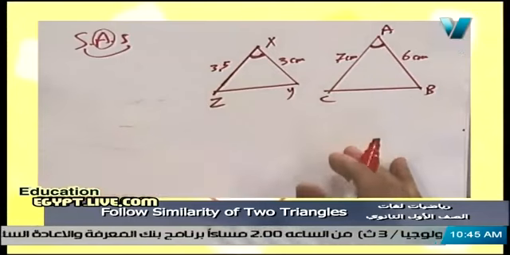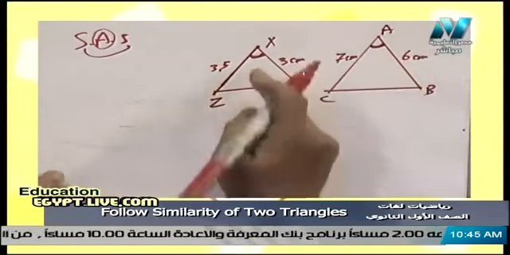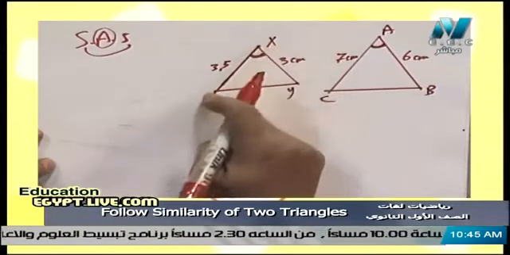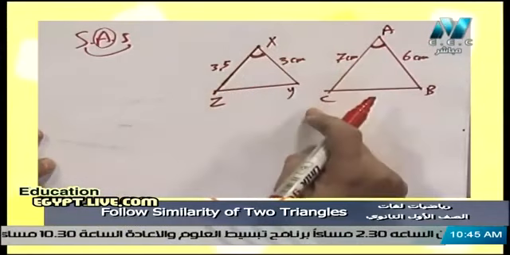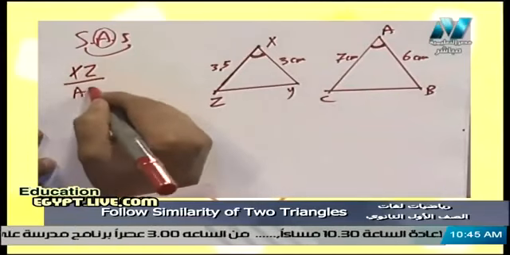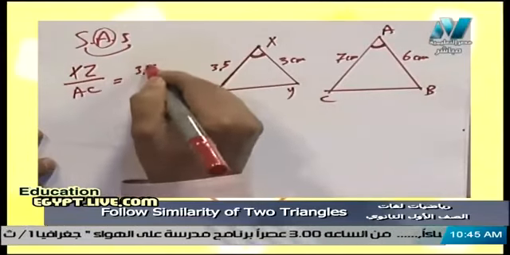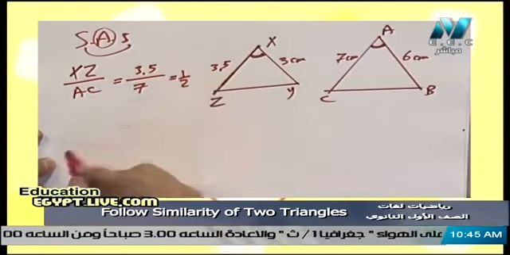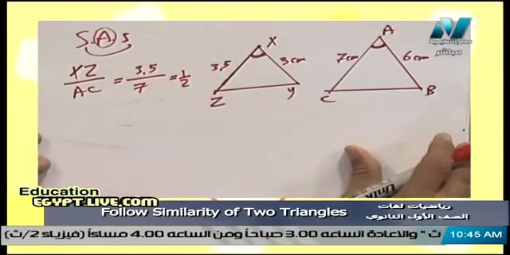So we have measure of angle A equal to measure of angle X. If we divide XZ over AC, it will be 3.5 over 7, which is half. This is the first ratio.